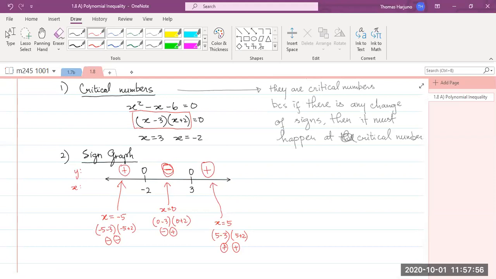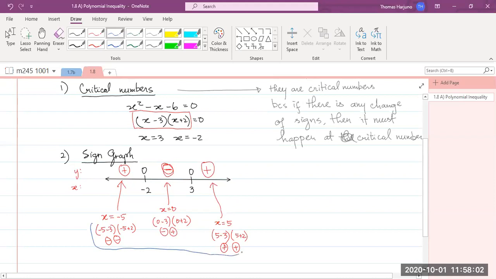Now you will see later on that I will not write this anymore. I will just do it mentally. In other words, this part here is okay not to show.